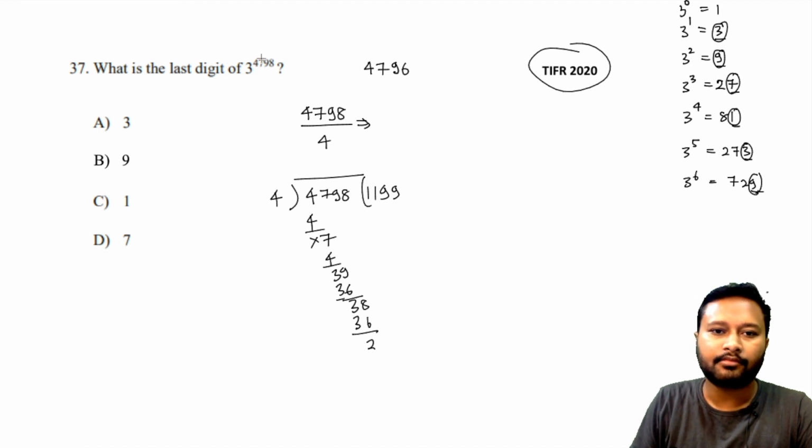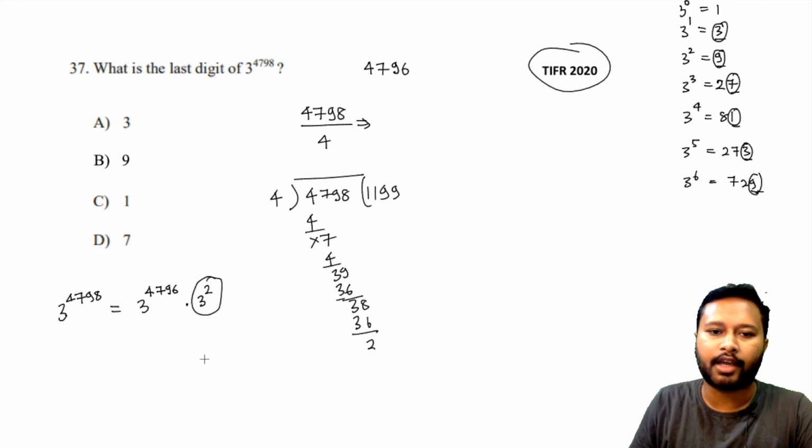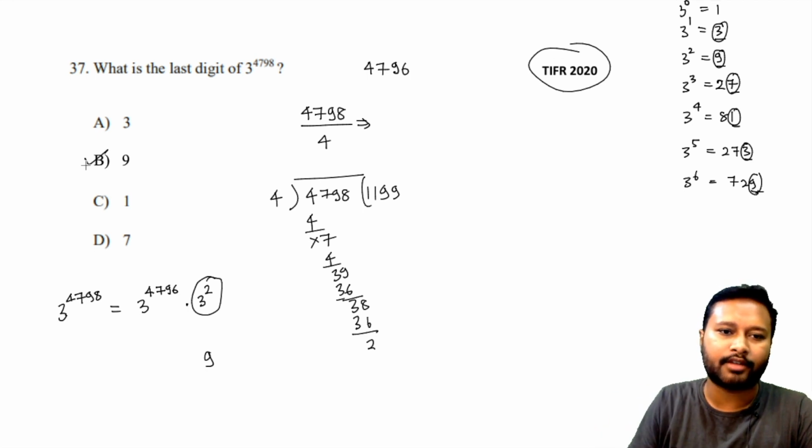That means 4798 can be written as 3 to the power 4796 multiplied by 3 to the power 2. Now here the cycle has finished, so this is not going to help anything in the unit digit. The only thing which is going to help you is 3 to the power 2, and that gives you 9. So 9 will be the value of the unit digit, and that will be your answer.